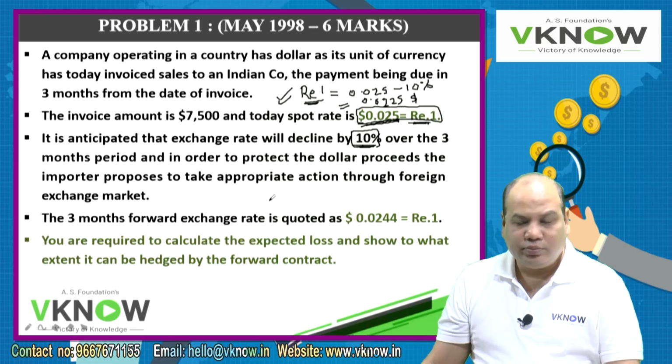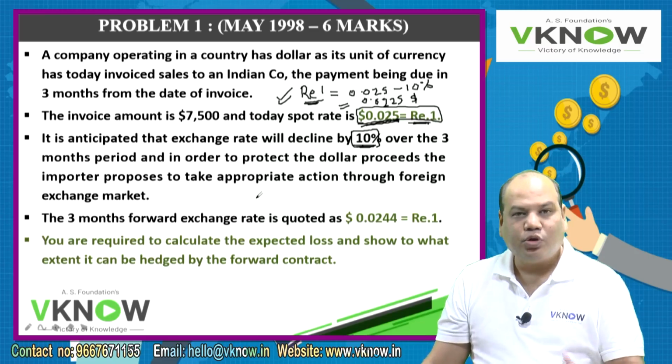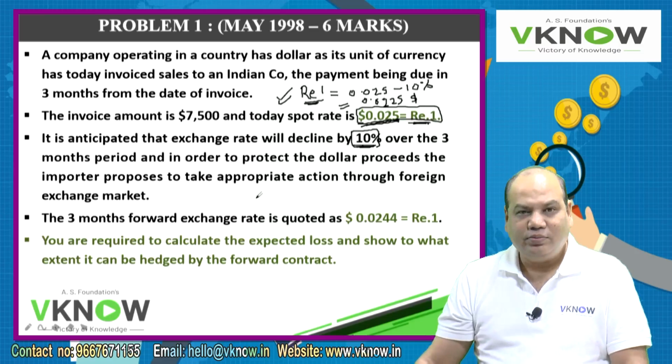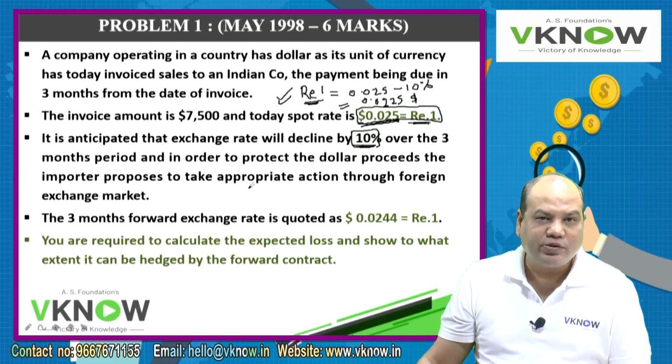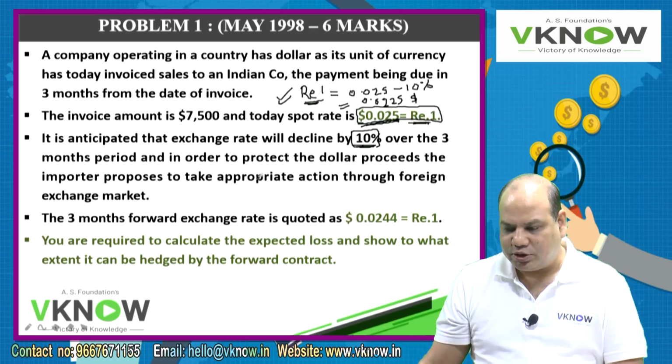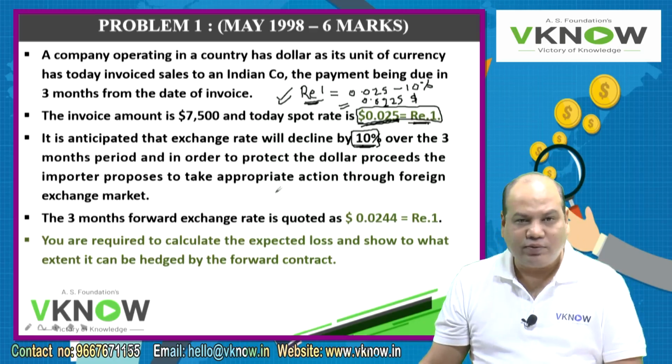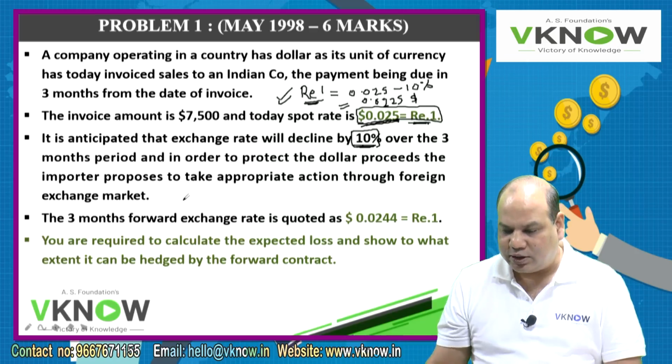In case of an importer, if the home currency is depreciating or the foreign currency is appreciating, he will suffer a loss. So he wants to hedge himself by taking appropriate action through the foreign exchange market.